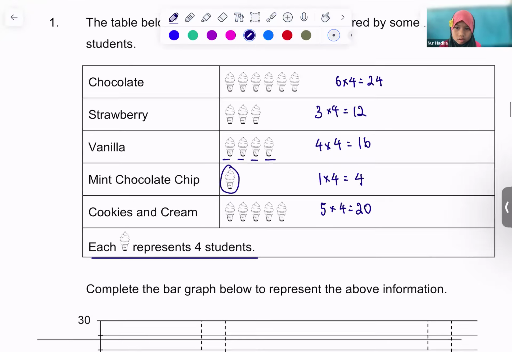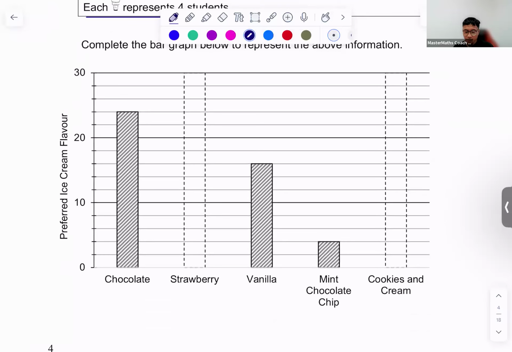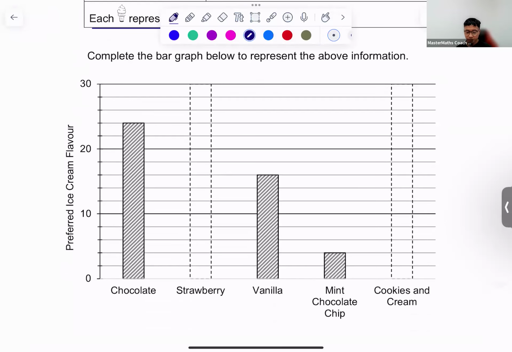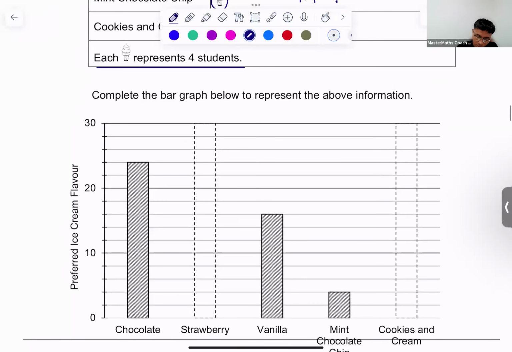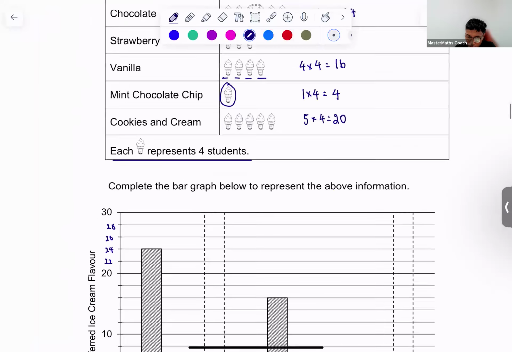All right. So we have to complete the bar graph below to represent the above information. So we know chocolate has 24. So here 20, 22, 24, 26, 28, and 30. You can refer back to the information above.